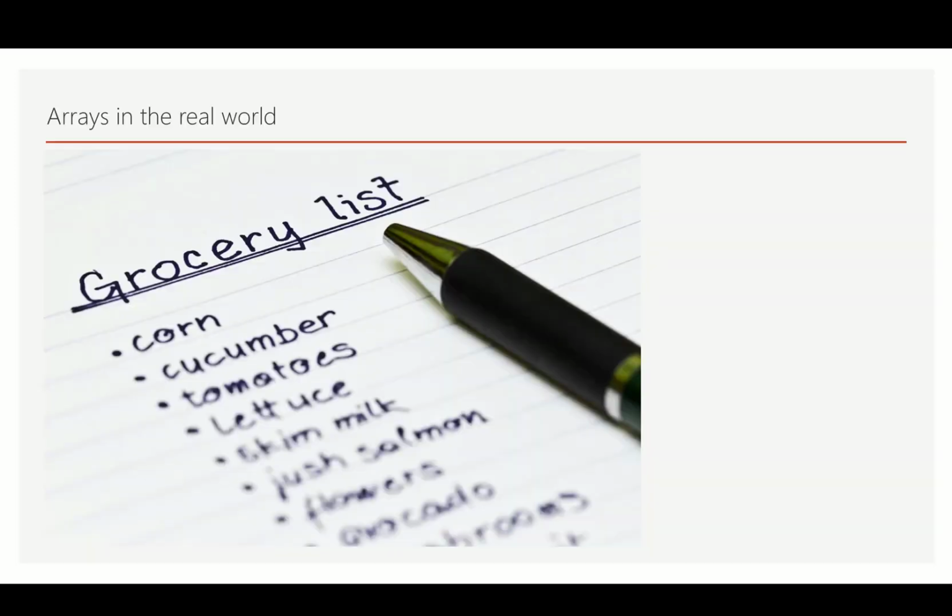So let's get started. First of all, what the heck is an array? We see it every day in the real world, right? We make lists. We make our grocery list. We make our list of people we love. We make our list of all the things that we have to do on the weekend. And we make a list of all the videos we have to make for our Power Apps and Flow YouTube community, right?